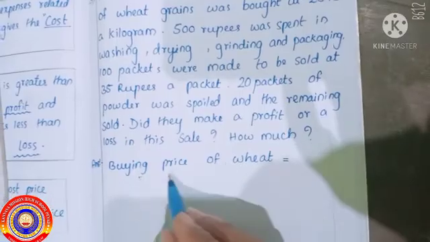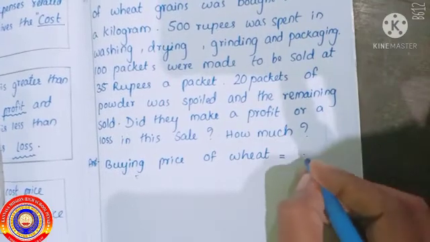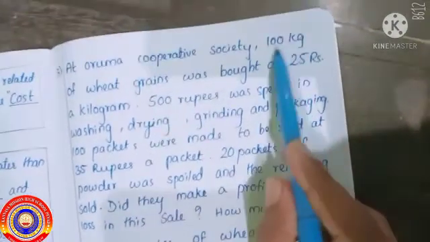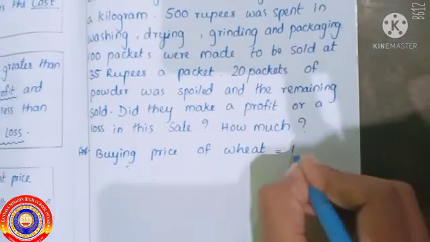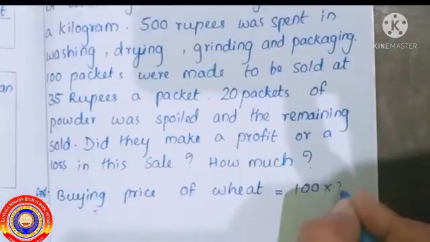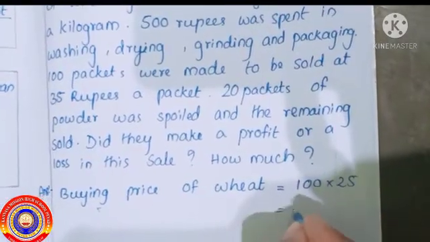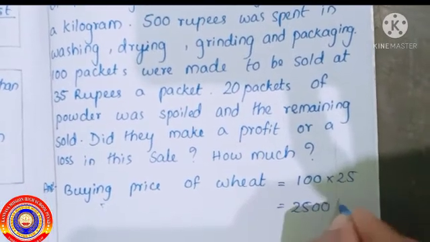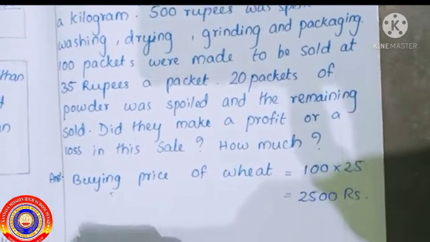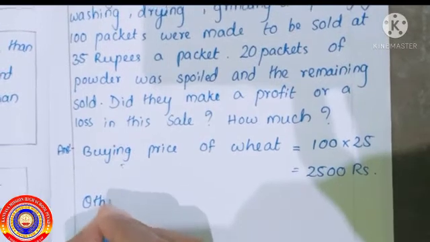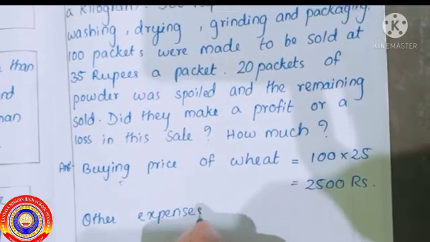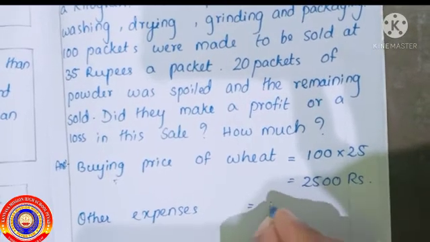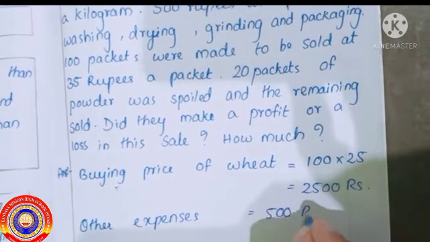The buying price of wheat is equal to, here 100 kg of wheat is bought at 25 rupees per kg. That is equal to 100 into 25, that is equal to 2500 rupees. And other expense, that is expense for washing, packing and grinding, is equal to 500 rupees.